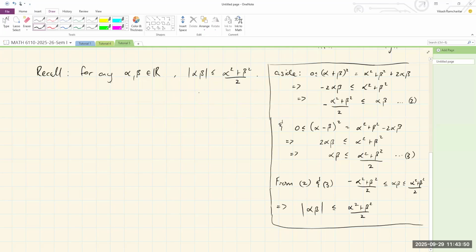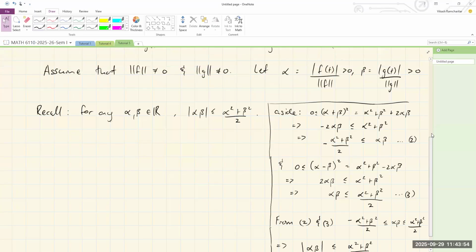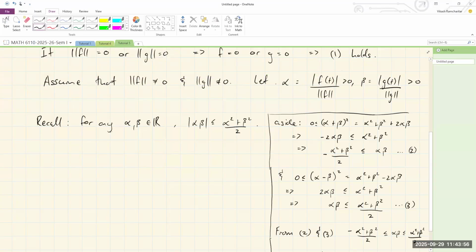And so where am I going to use this result? Well, I already defined up here an alpha and a beta. So I'm just going to plug that into this result. Alpha is modulus of f over norm f, and beta is modulus of g over norm g.